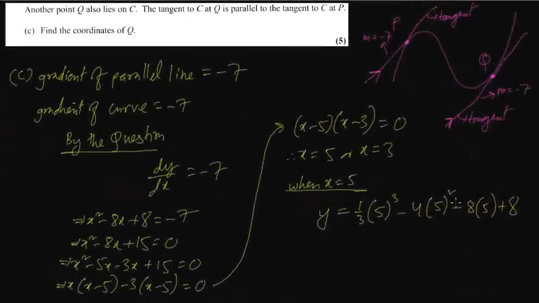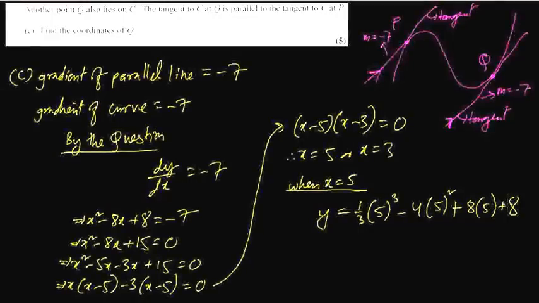Let me check. So this would be plus 8x, x is 5, and plus 3, this should be 3.